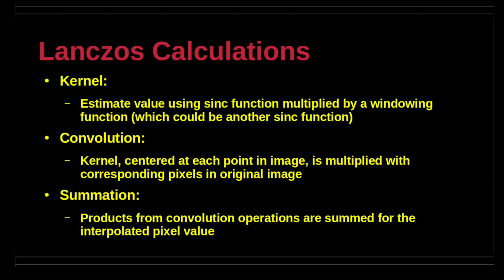Lanczos interpolation is a more refined approach to estimating pixel values, providing a balance between image quality and computational efficiency. It is very effective during upscaling operations because it preserves details.